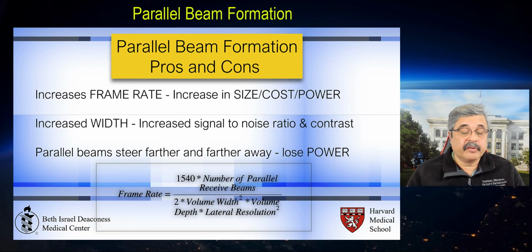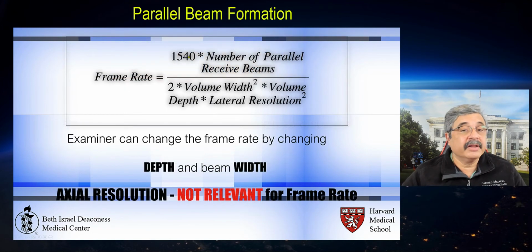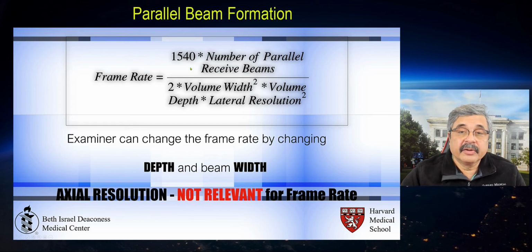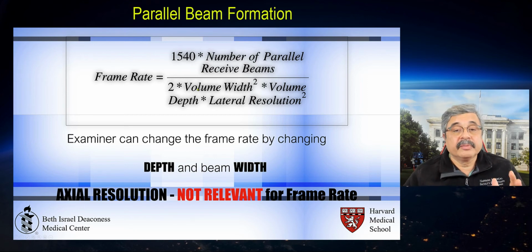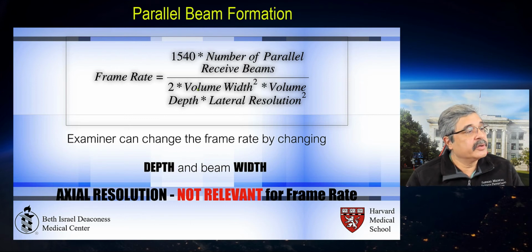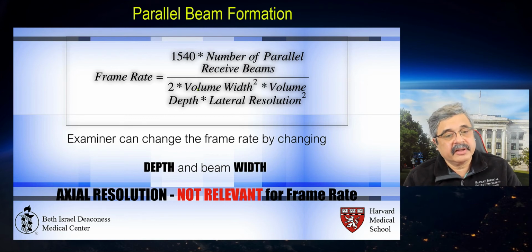This brings us to the formula to determine the frame rate. That begins with 1540, your go-return time, which is constant, 1540 meters per second. The number of parallel beams that you receive will obviously increase your temporal resolution and frame rate, but the volume width and the volume depth are the two most important determinants of your frame rate, which means as you want to look more and you want to look deeper, your frame rate, your temporal resolution will be significantly compromised.